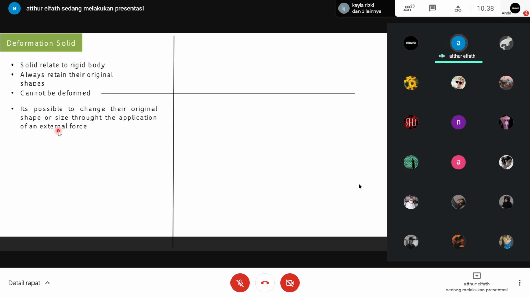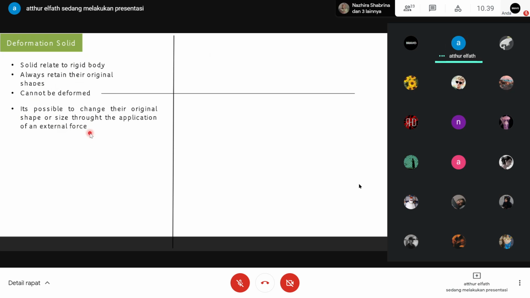If you want to break the iron, you cannot use your natural force. You can, but you need much power, and it's easier when you use a hammer or maybe a drill in order to make the material break. Okay, and this is about the solid material.